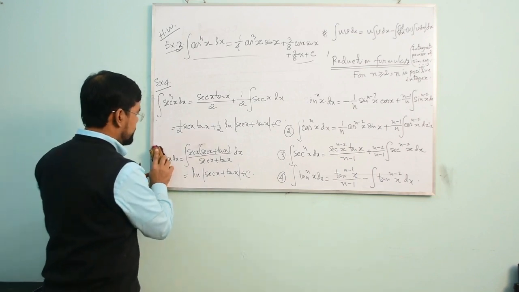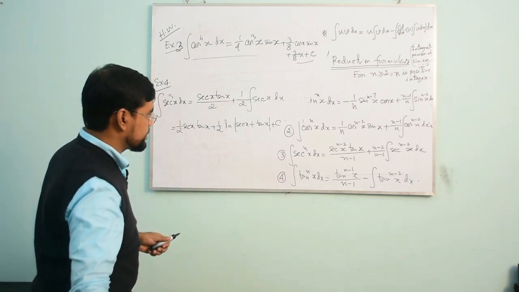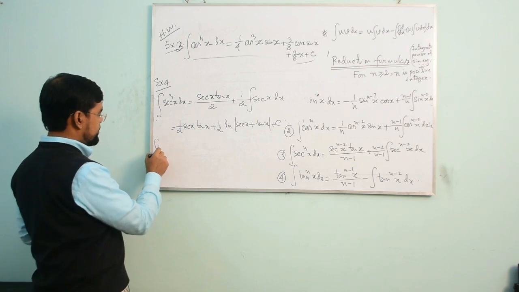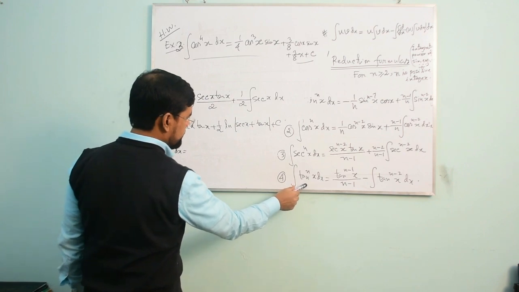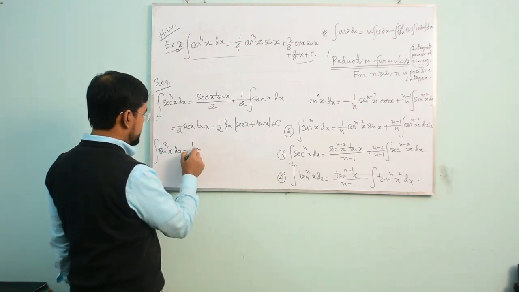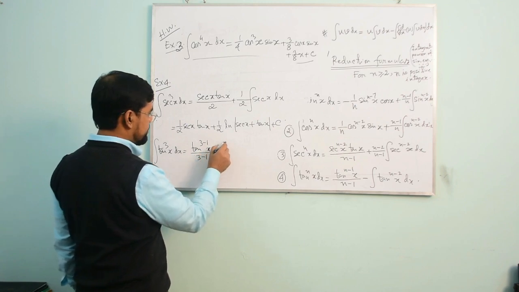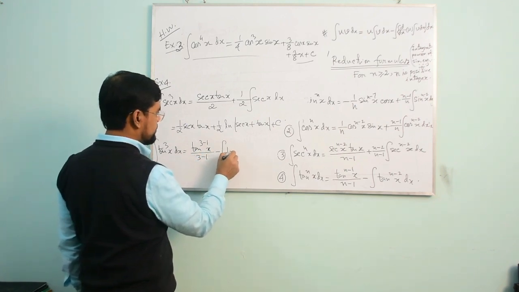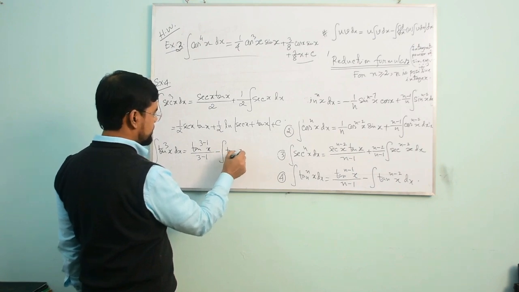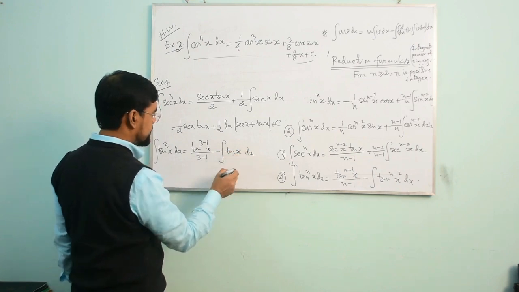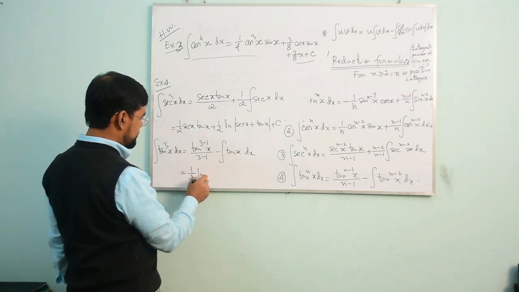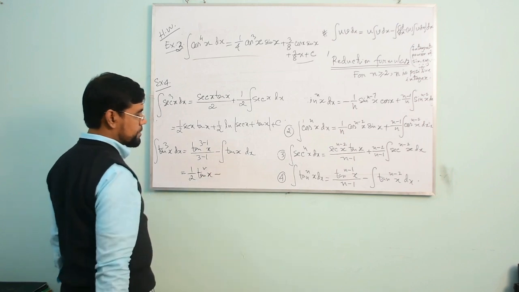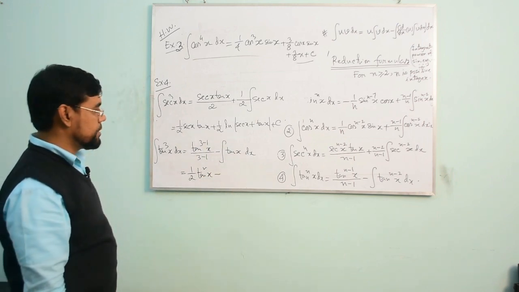So let me show another example for tan x. Integration of tan cubed x dx is equal, by using our formula, tan to the power 3 minus 1 x divided by 3 minus 1, minus integration of tan 3 minus 1, that is tan x dx, which is equal to 1/2 tan squared x minus the integration of tan x.